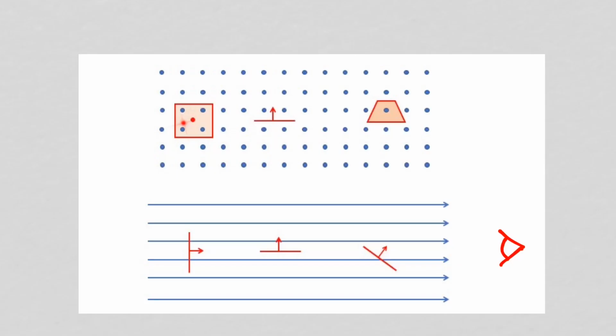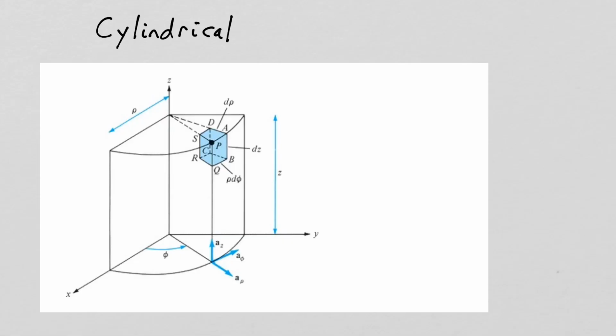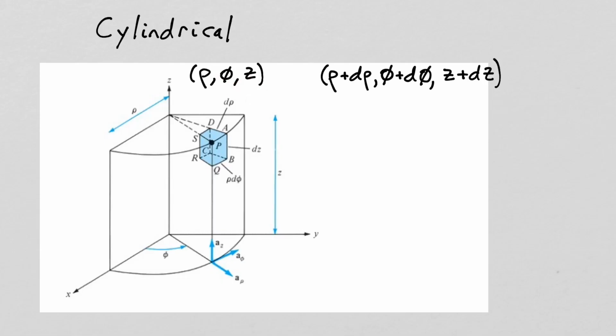Now let's find the differentials for the cylindrical coordinate system. We'll start at point rho, phi, z and increase each one of our coordinates by a differential amount. Looking at the differential cube that's formed, we see that our starting point will be point R here, and our finishing point is going to be point A here.